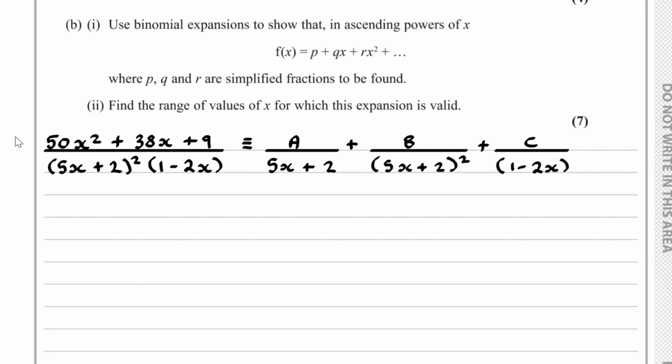So for part A, what we need to do to begin with is multiply through by (5x plus 2) all squared lots of (1 minus 2x). This will get rid of any fractions.